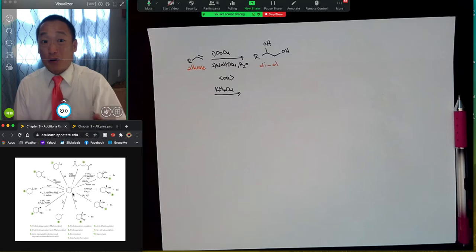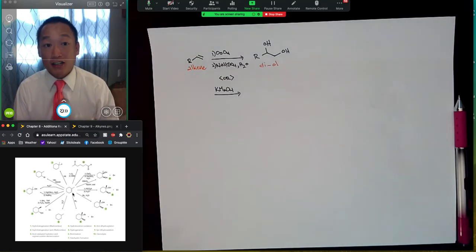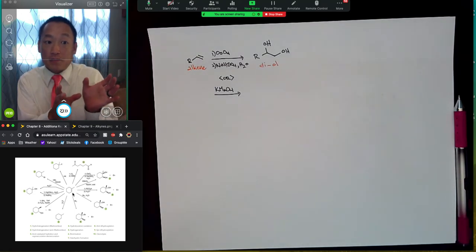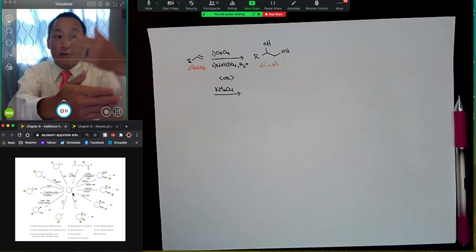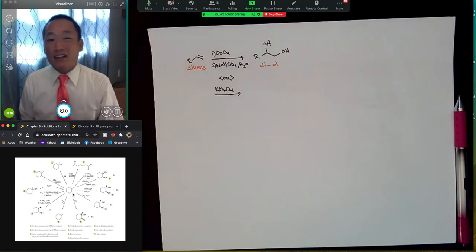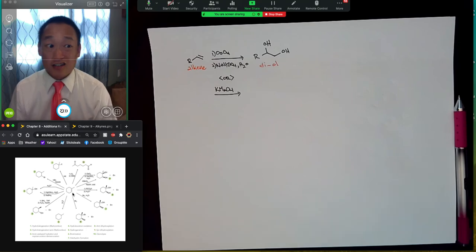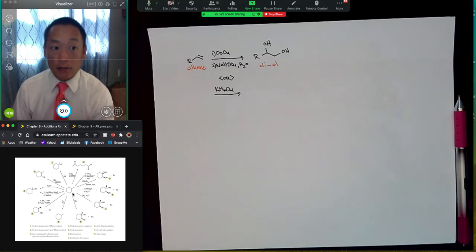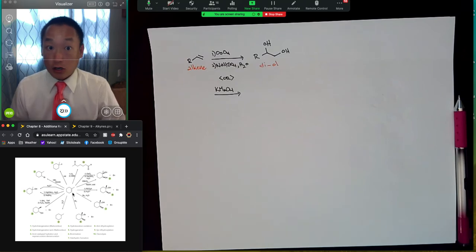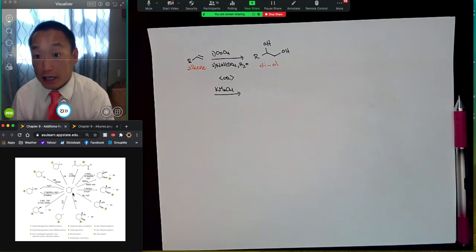Just a quick sidebar, the addition reactions to alkenes were nice to kind of put in their subset because there's only really one pathway for the reaction to go through. When you get into oxidation reduction reactions, there's a number of different pathways that these molecules can undergo. And as a result of that, the mechanisms get a little bit dicey. And certainly plenty of research has gone in to show all the multiple pathways that could occur.